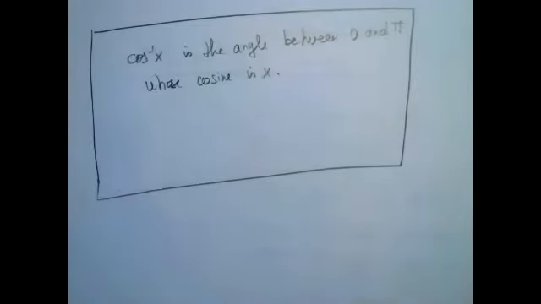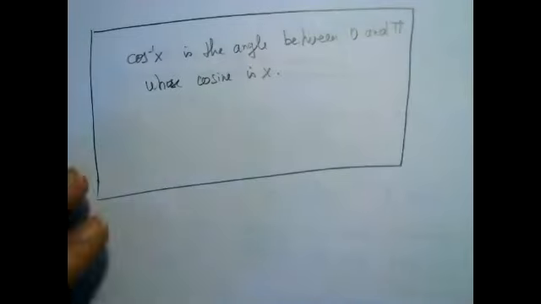So that's what the cosine inverse is. So cosine inverse is the angle. It gives me the angle between 0 and pi whose cosine is x.